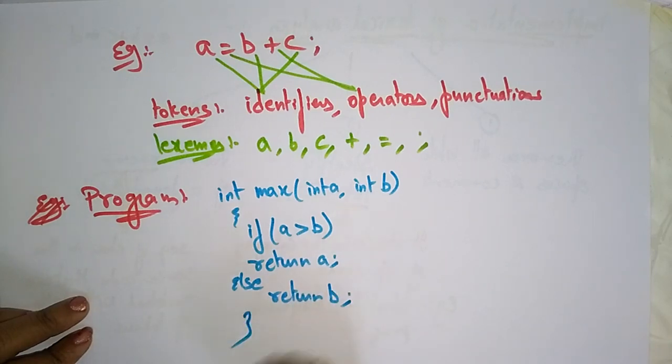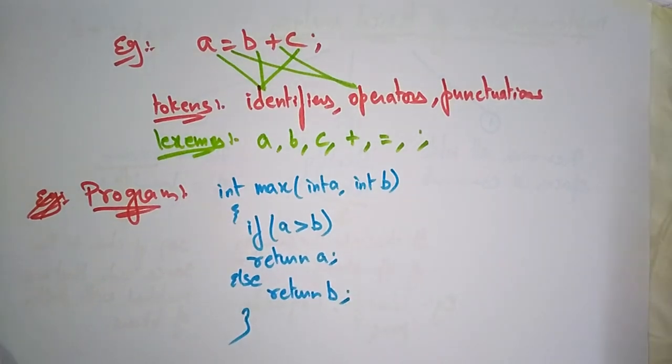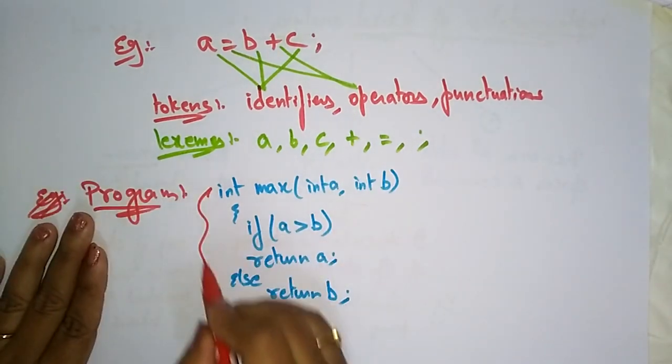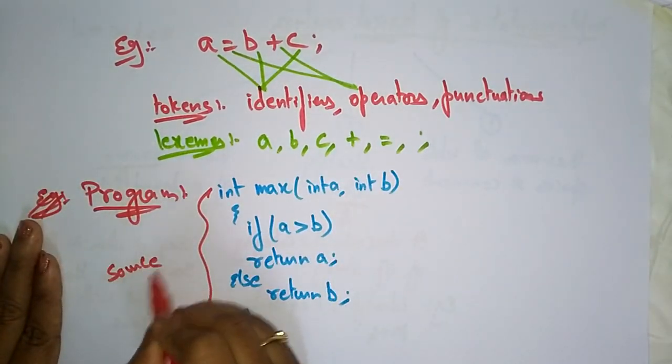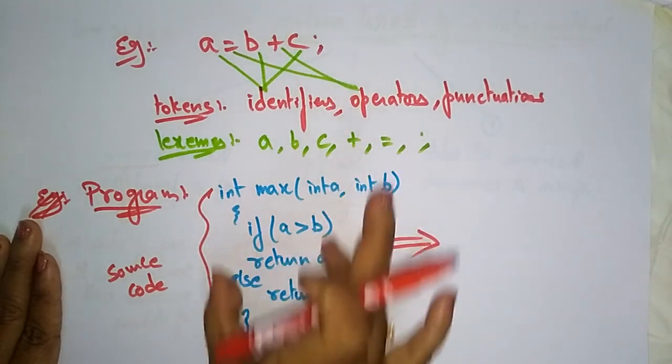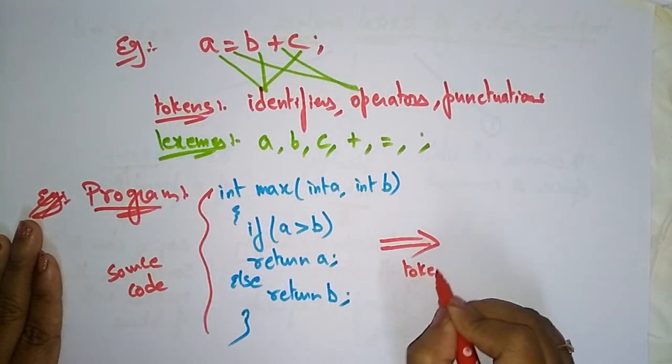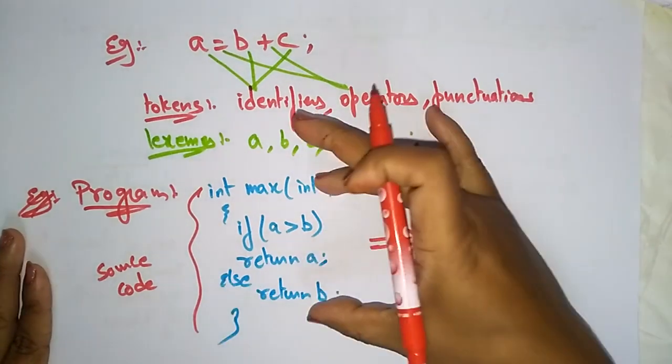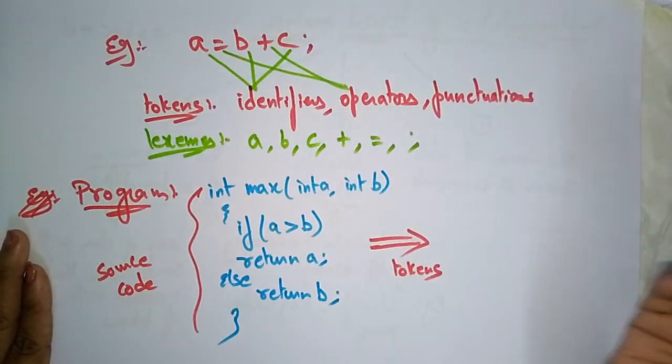So this is a source code. What will the lexical analyzer do? The lexical analyzer is going to convert the source code into a series of tokens. So this program is converted into tokens and lexemes.